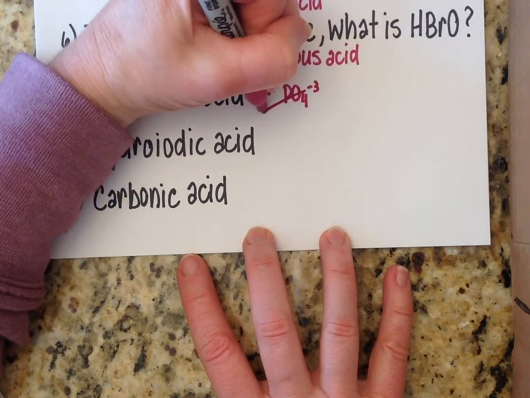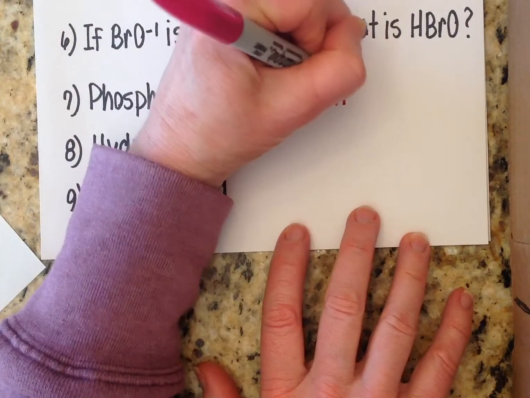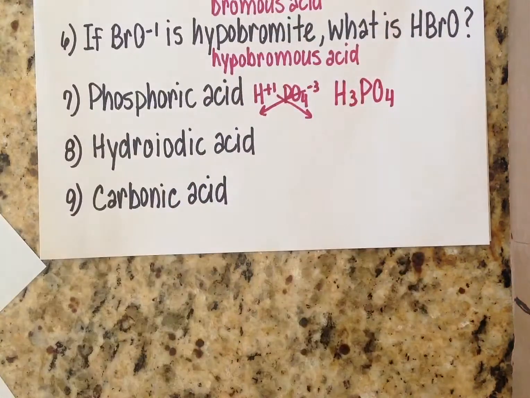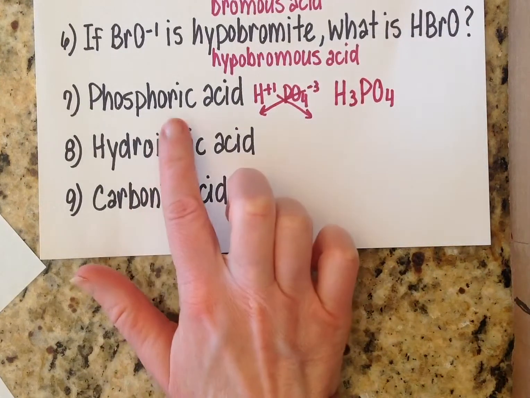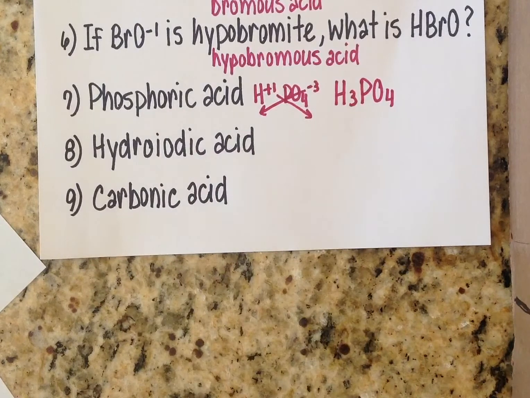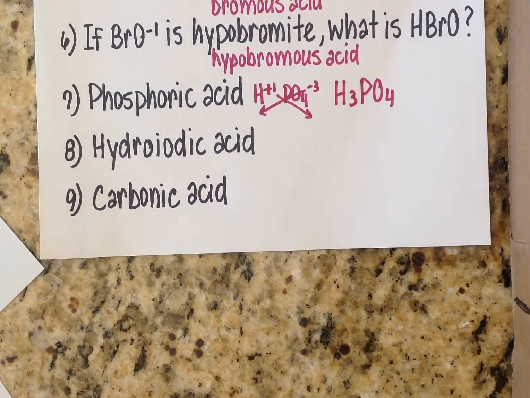The 3 comes here, the 1 comes here, so that is H3PO4. So you have to recognize that that ic came from an ate and then you have to know that phosphate's a polyatomic ion. You can pretty much guess that came from a polyatomic ion because this name did not have hydro in front. So there's a little clue.